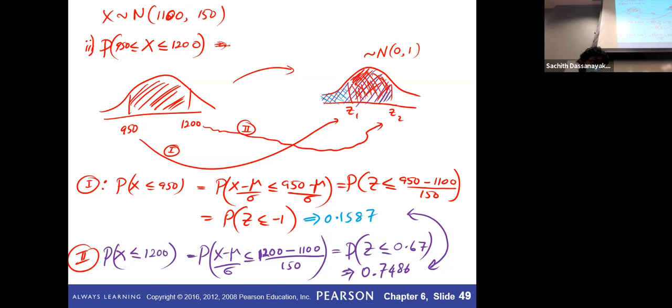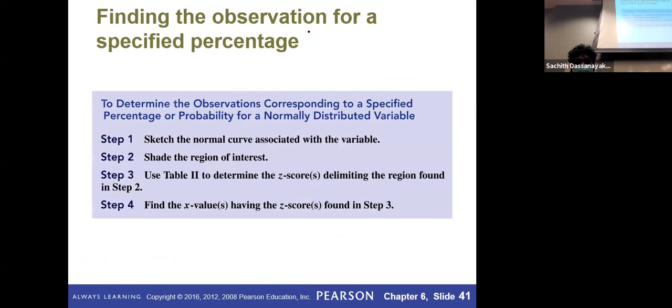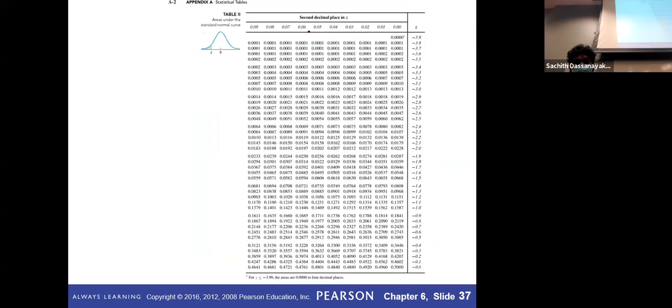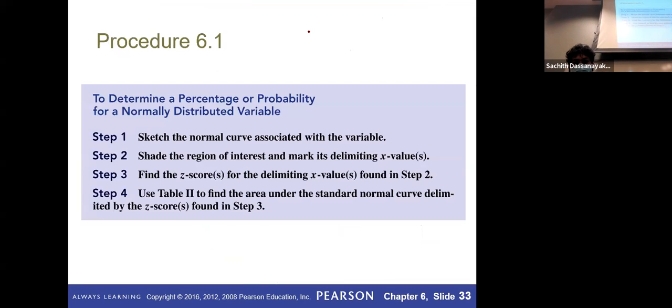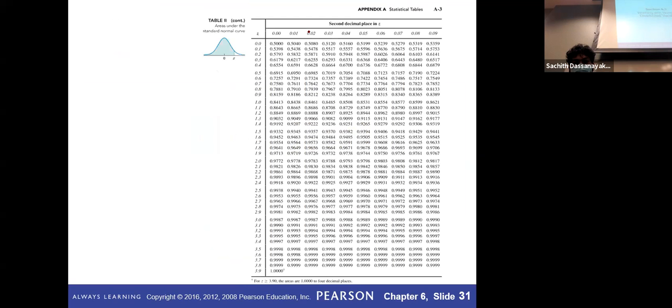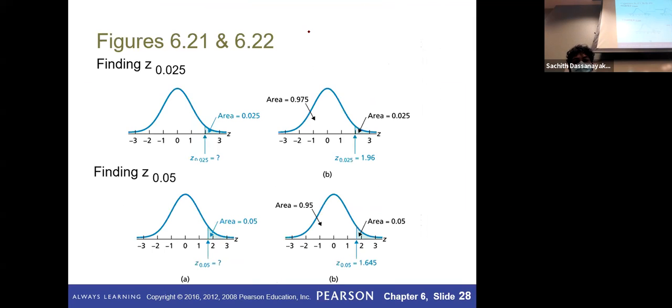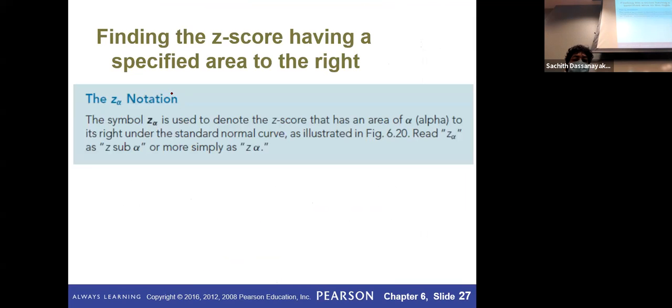Do you remember the C alpha notation? This notation. Alpha means area to the right. Clear? This notation, this one. Where is it? This one. C alpha notation. I think I did it not last day, maybe Monday.